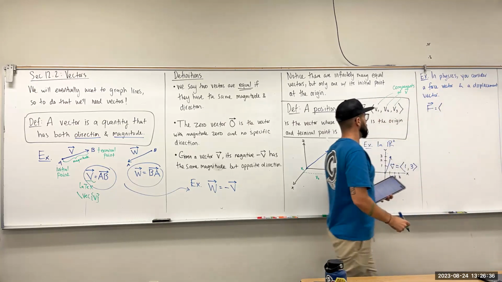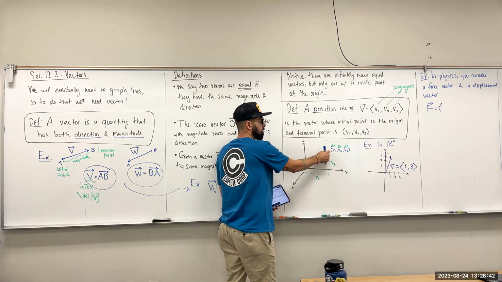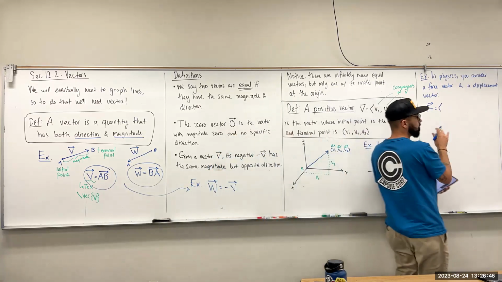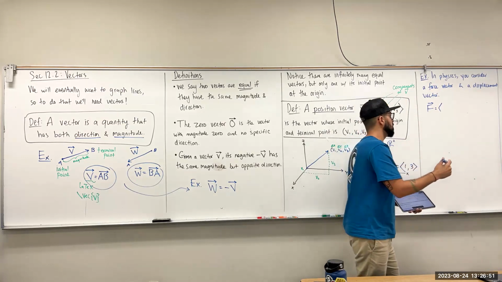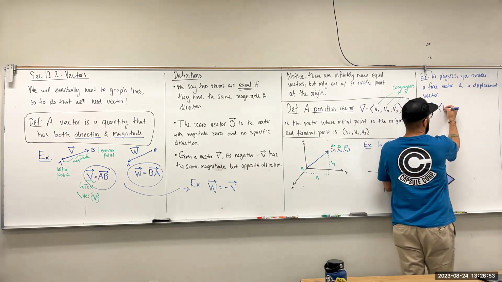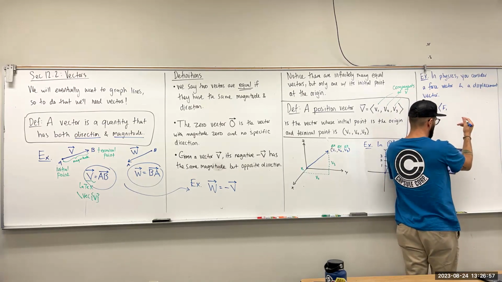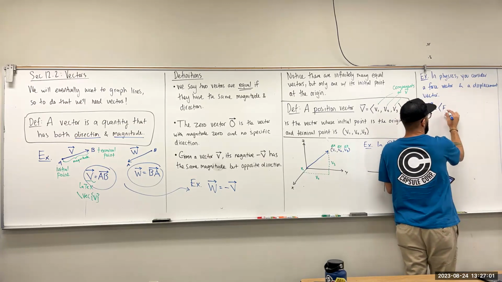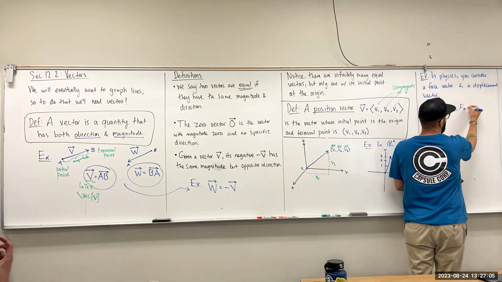If you're doing something in R3 and you're moving an object from where it's initially located to where it ends up at here, there's a certain direction that you're going to push it. So there's a certain force being applied in the x direction, a certain force in the y direction, and in the z direction. So that is specified by, I can write it as, how did I do here in my notes? Yeah, I wrote it like this in my notes. I said Fx, Fy, and Fz.